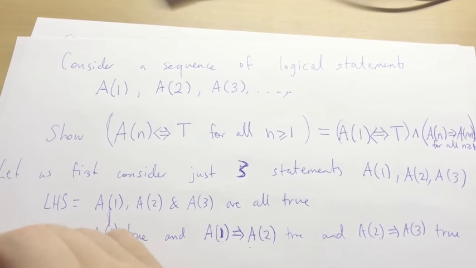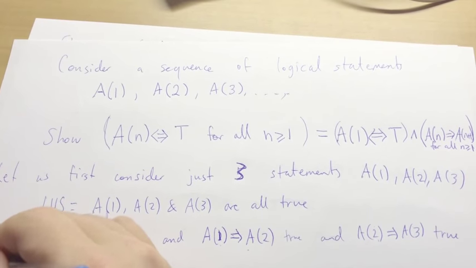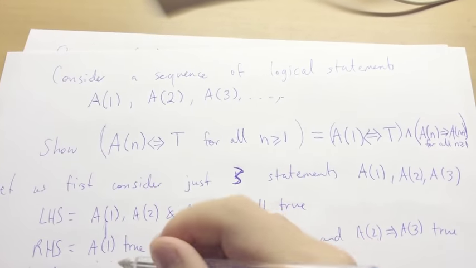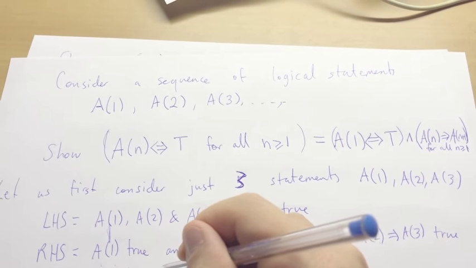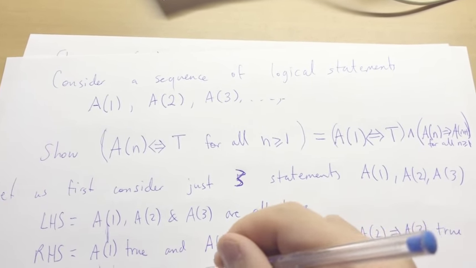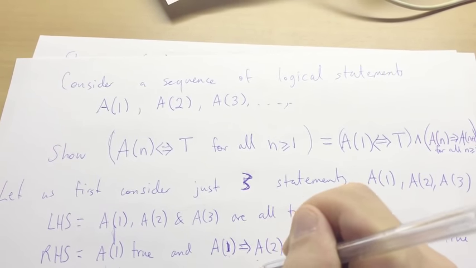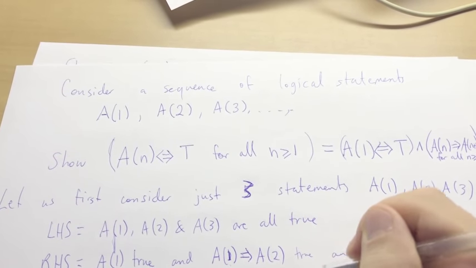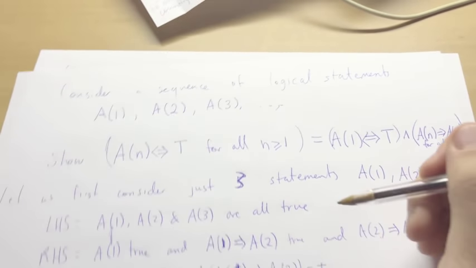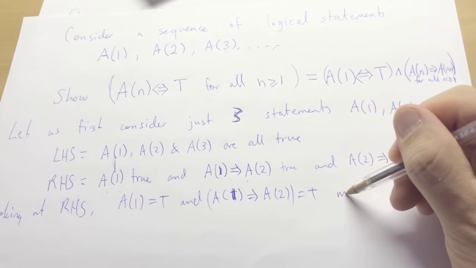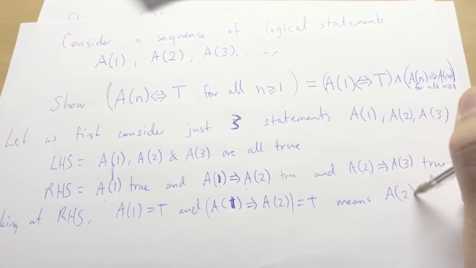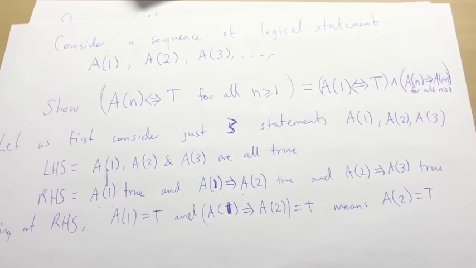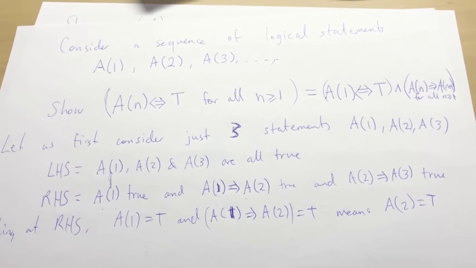So looking at the right-hand side, we see that A1 equals true and A1 implies A2 equals true means A2 must be true. And actually for the same reasoning, A3 must be true.